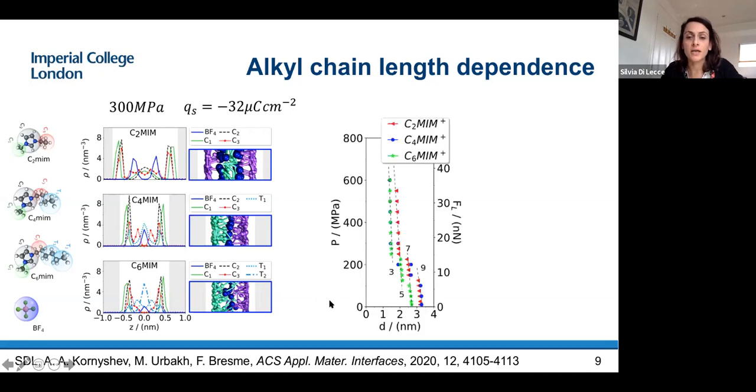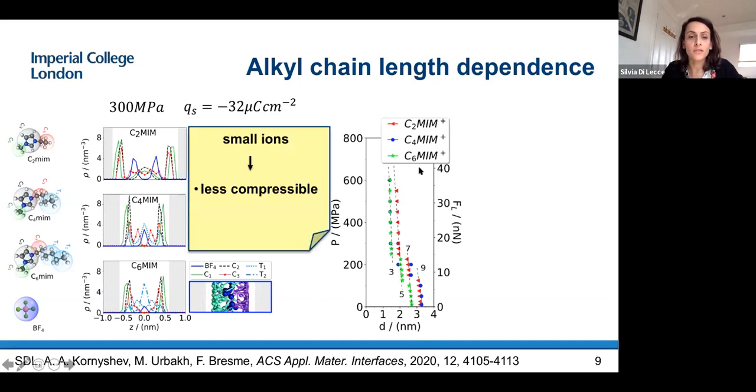If we see the pressure versus thickness curve, we see these branches, the jumps between one and the other, which correspond to the squeeze-out of 2 layers of ionic liquid. And also what we can learn from this is that smaller ions are actually less compressible.